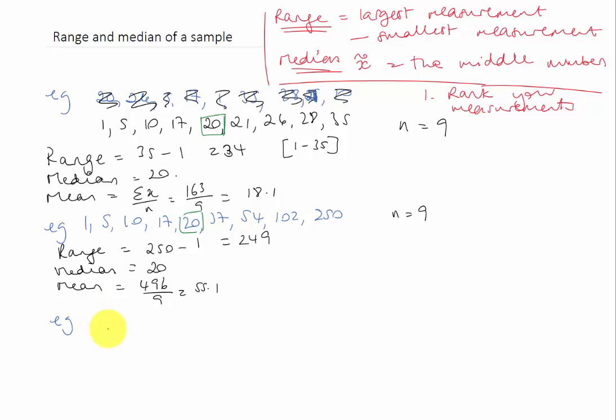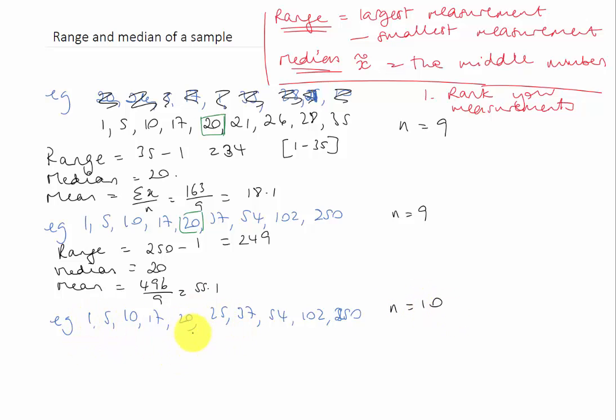Let's imagine we've got 1, 5, 10, 17, 20, 25, 37, 54, 102, 250. So I've added an extra value, I've taken an extra measurement. So here n equals 10.